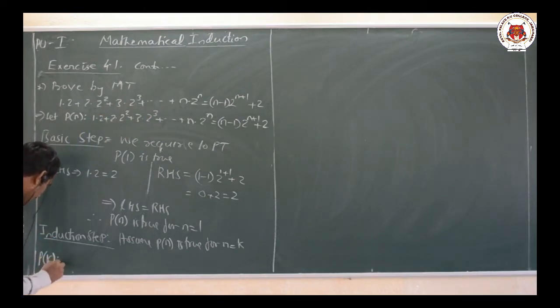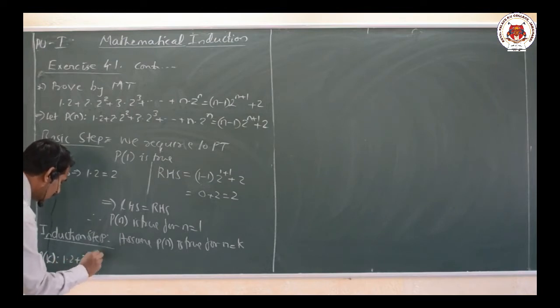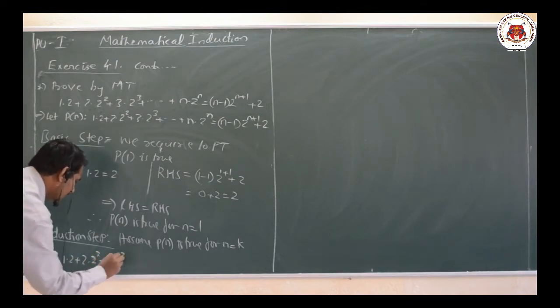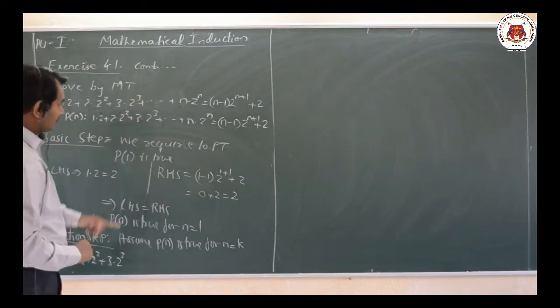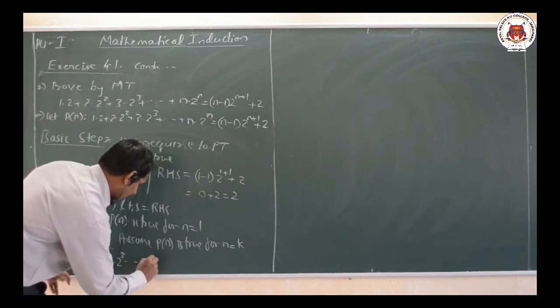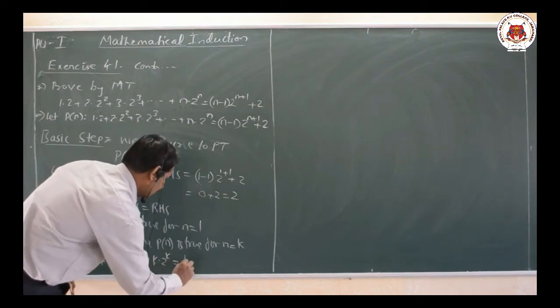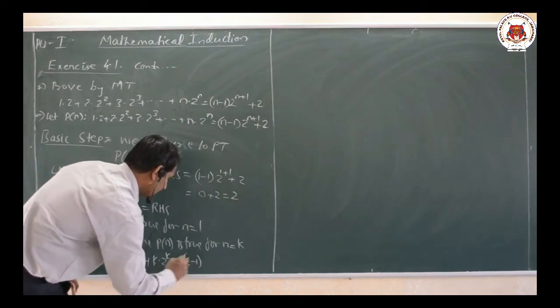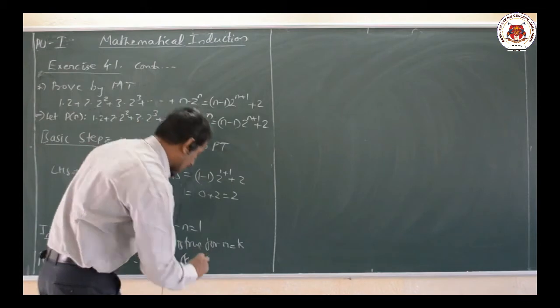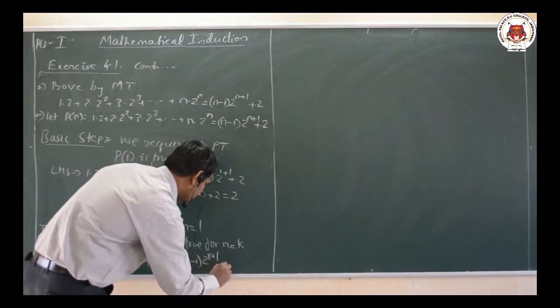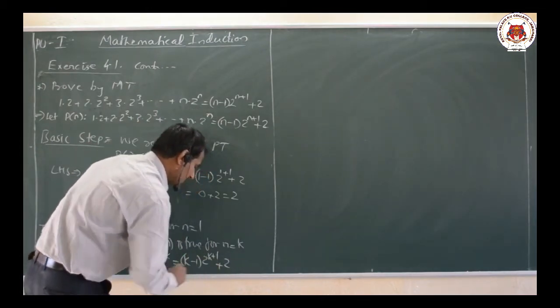That is p of k is equal to 1 into 2 plus 2 into 2 square plus 3 into 2 cube, and so on till k into 2 raised to k is equal to (k minus 1) into 2 raised to k plus 1, plus 2.